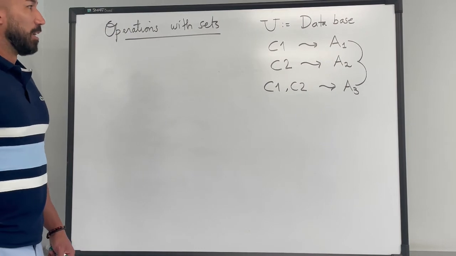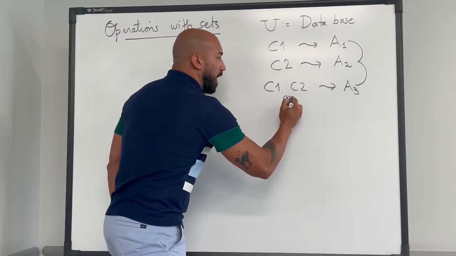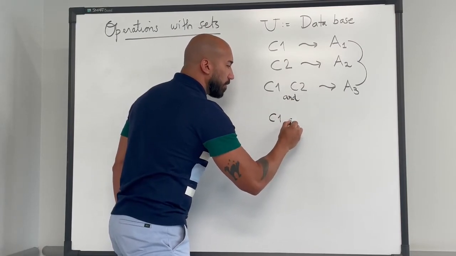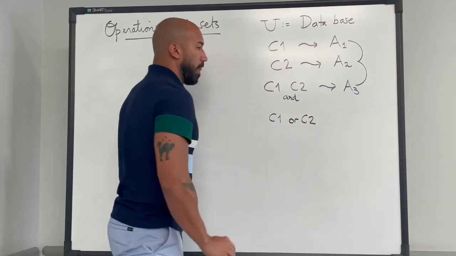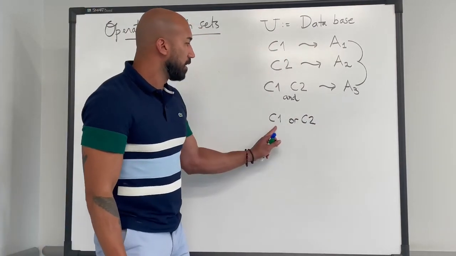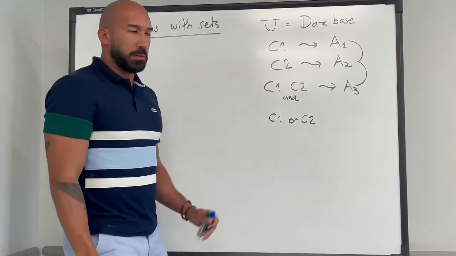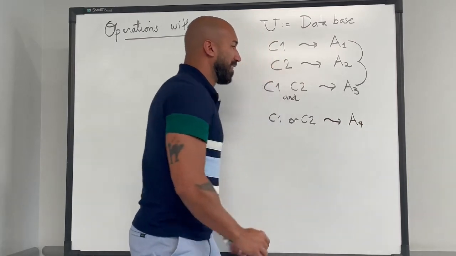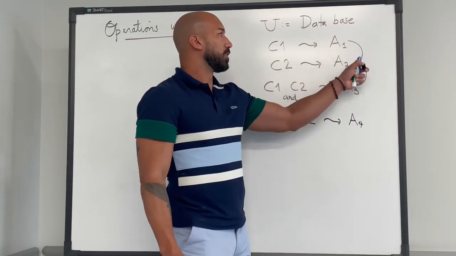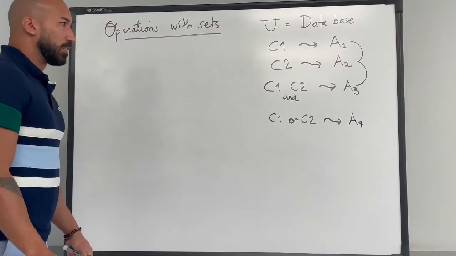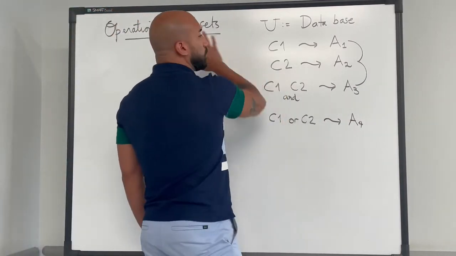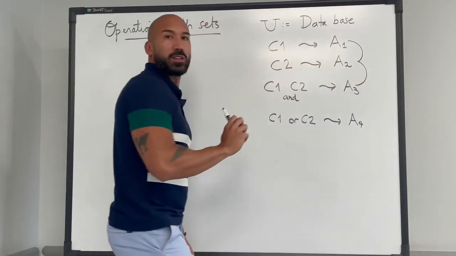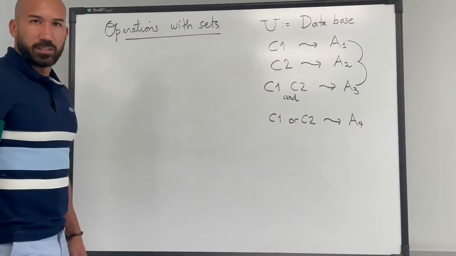Is that okay? Or instead of satisfying both, we can say, well, now give me all data in this database that satisfy at least one of these two conditions. And we are going to obtain now a set A4 that is also closely related to the first two. Okay? So this is what we call an operation with sets. When we construct a new set from other given sets. Is that okay?